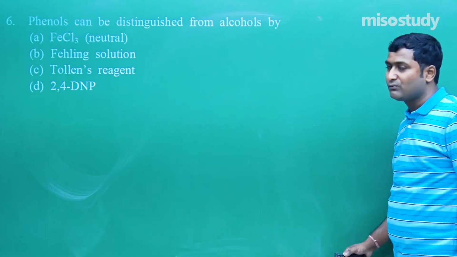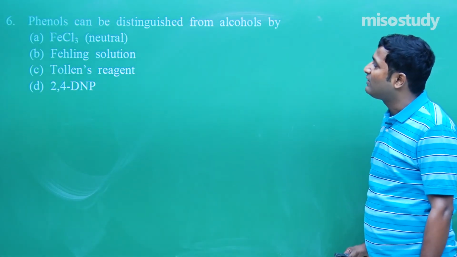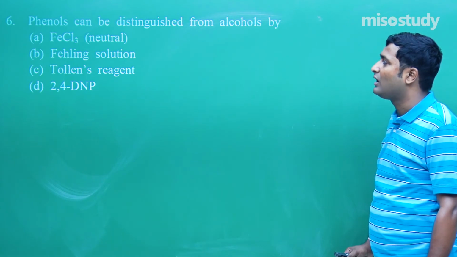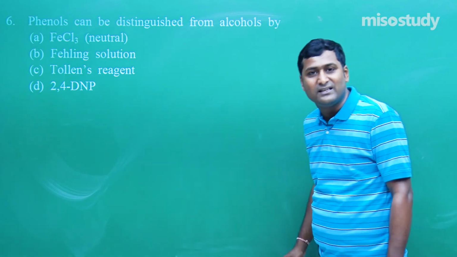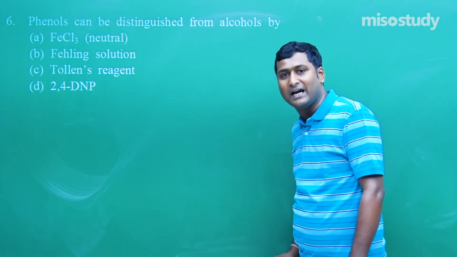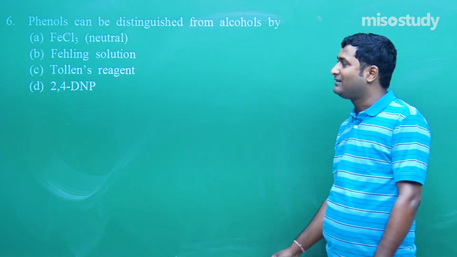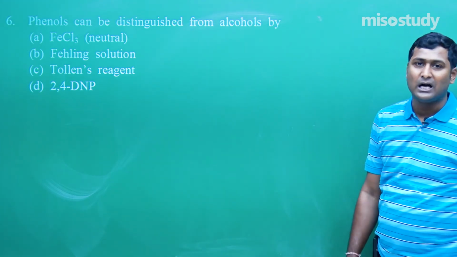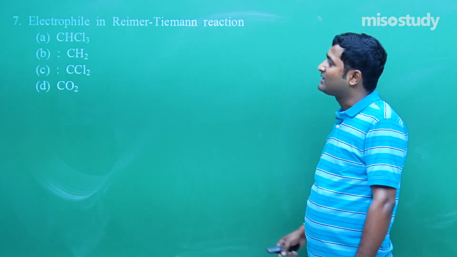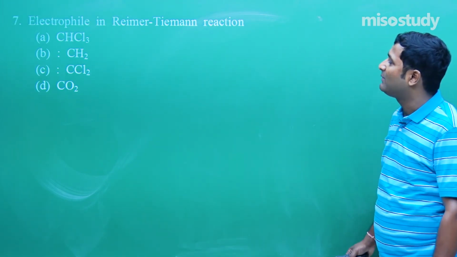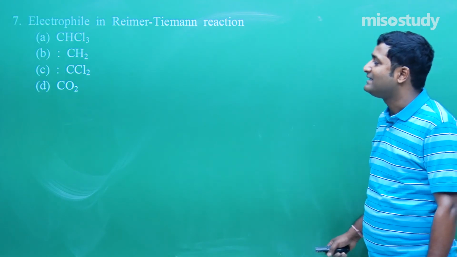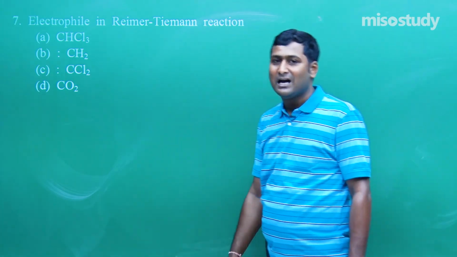For question number 6, phenols can be distinguished from alcohol by simple FeCl3, because phenol is more acidic than alcohol, and there is appearance of red blue color. For question number 7, electrophile in Reimer-Tiemann reaction is CCl2, C is the correct option.